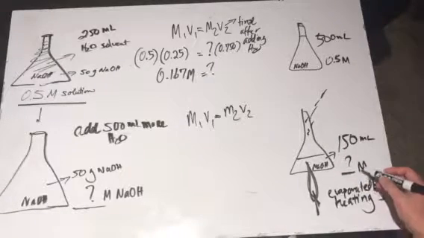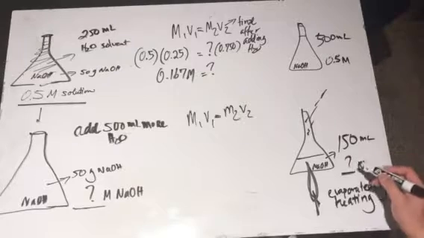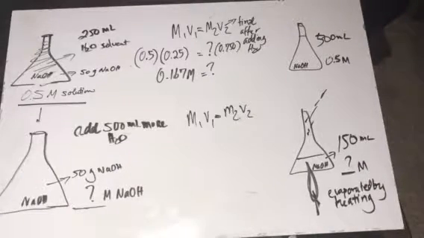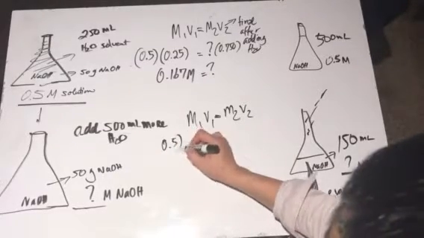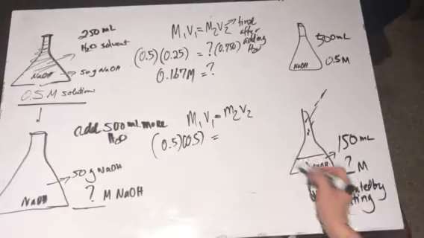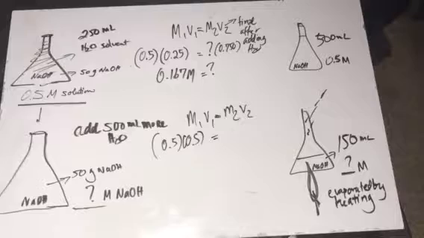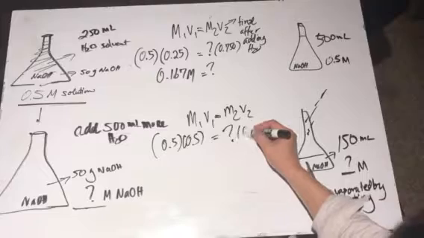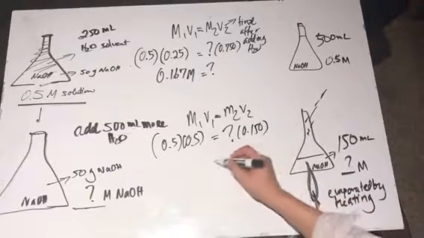We're trying to figure out what the final concentration is after the water has evaporated. So M1, the initial concentration, is 0.5, and the volume is 0.5 liter because 500 ml is equal to 0.5 liter. The second concentration we don't know. Then we're looking for the volume, which is 0.15.